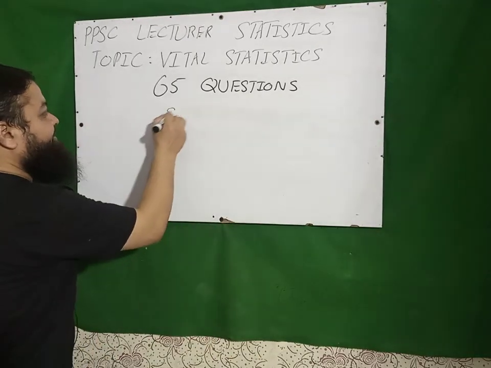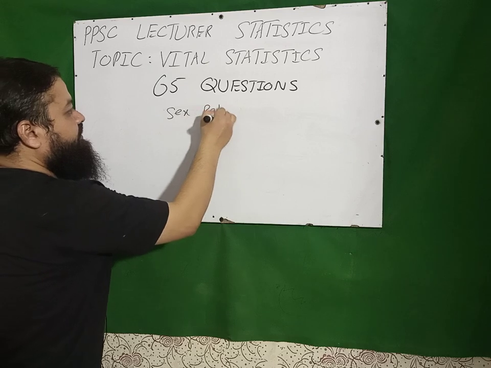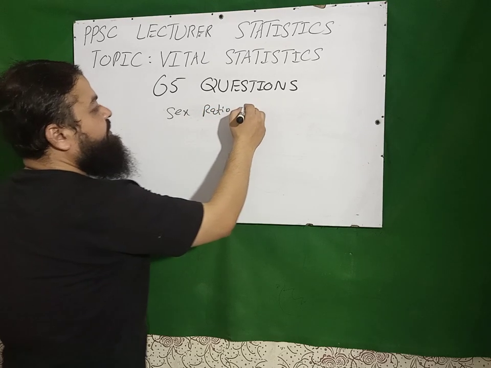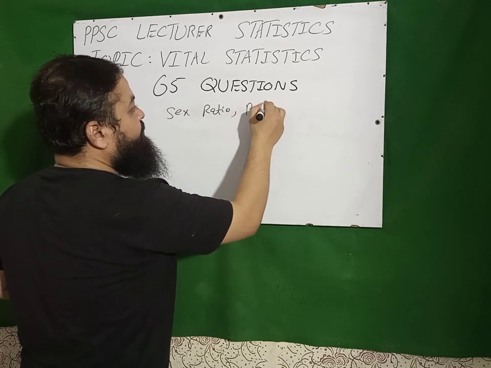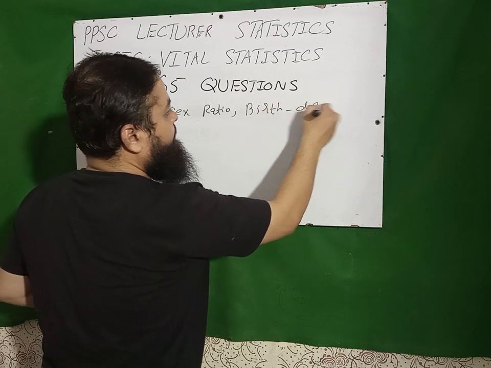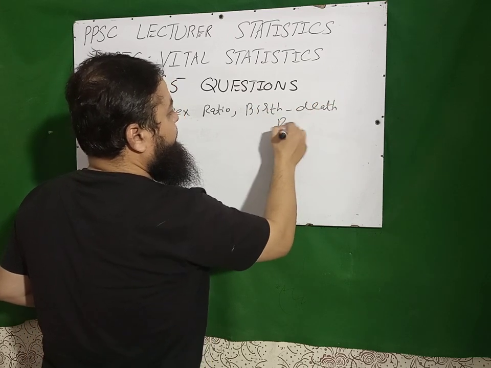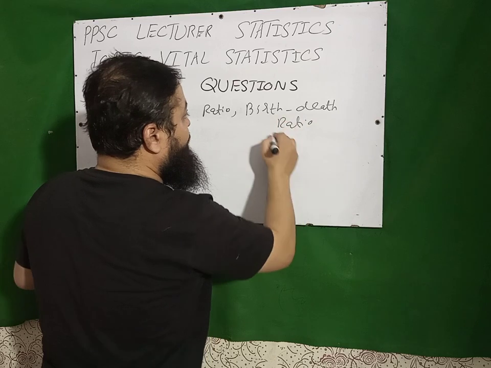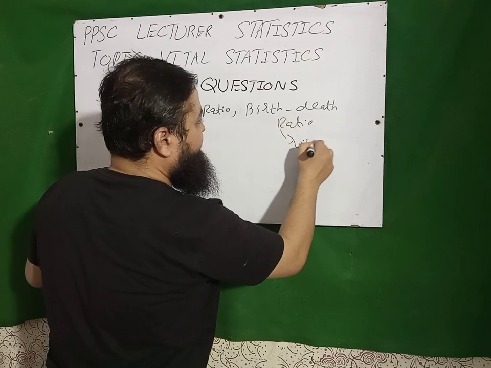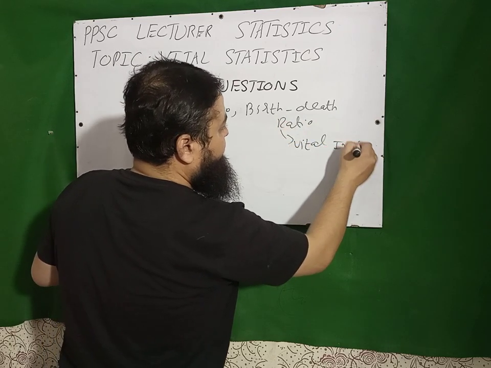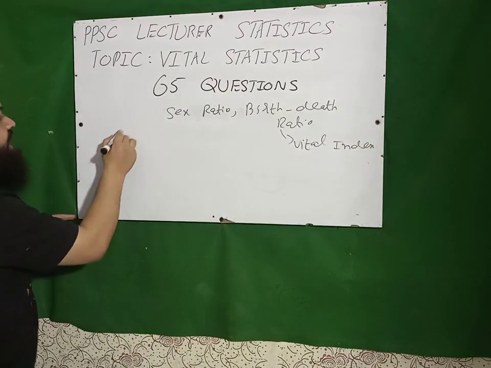The first one is sex ratio. The second one is birth death ratio, which is also called vital index. Then the third one is child woman ratio.